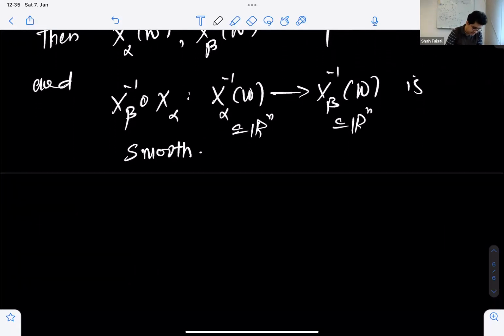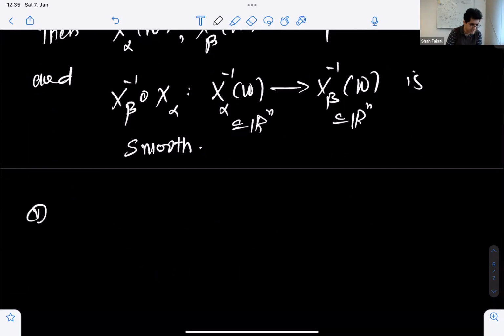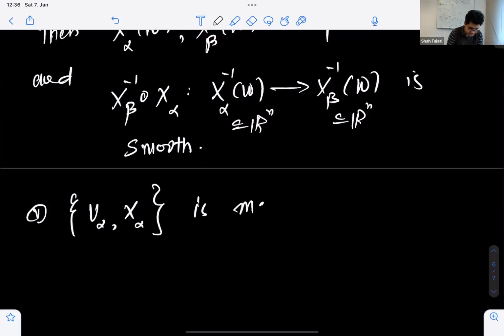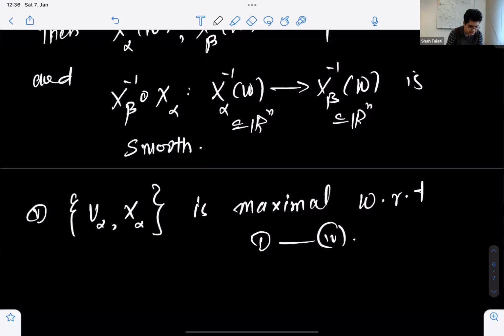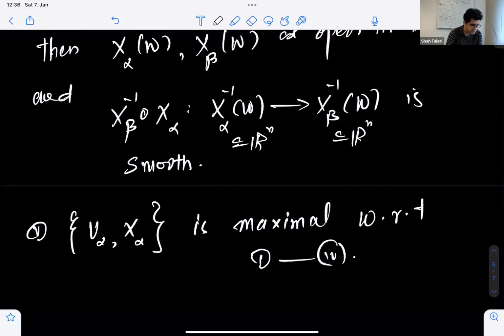Then there's one more condition, which is technical, there for technical reasons, so you can just ignore it: this family is maximal with respect to the conditions above. This condition is just to make the classification problem of manifolds well defined. So you can ignore it for the moment.